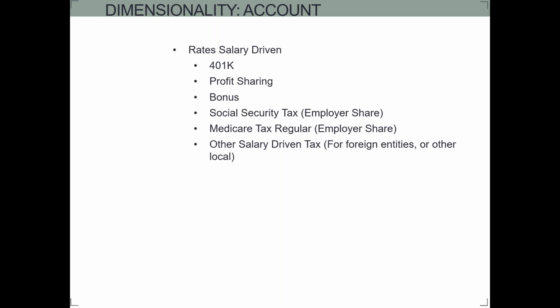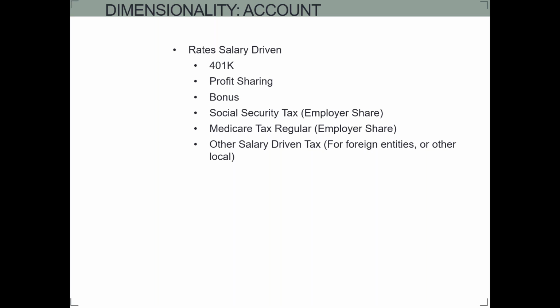So if you are authorized to hire some people as part of your plan, but you don't actually get to hire them because of some other activities going on, and they say, well, you can't hire them until Q3, you can put them with a Q3 start date, and the benefits will calculate from there.